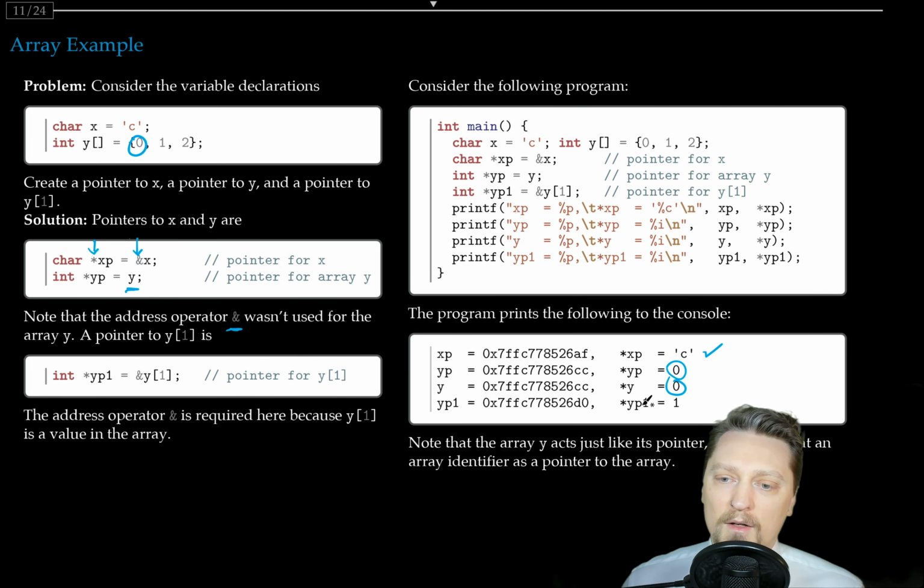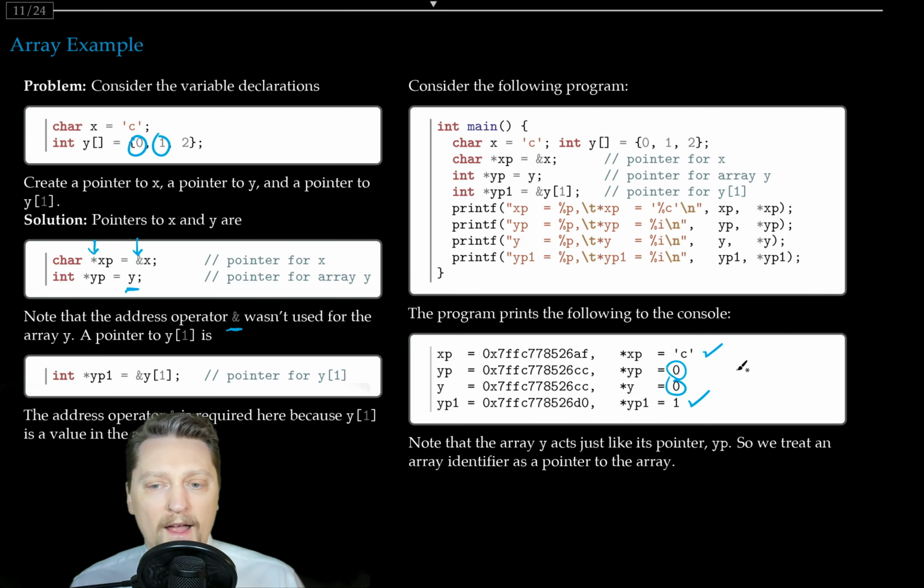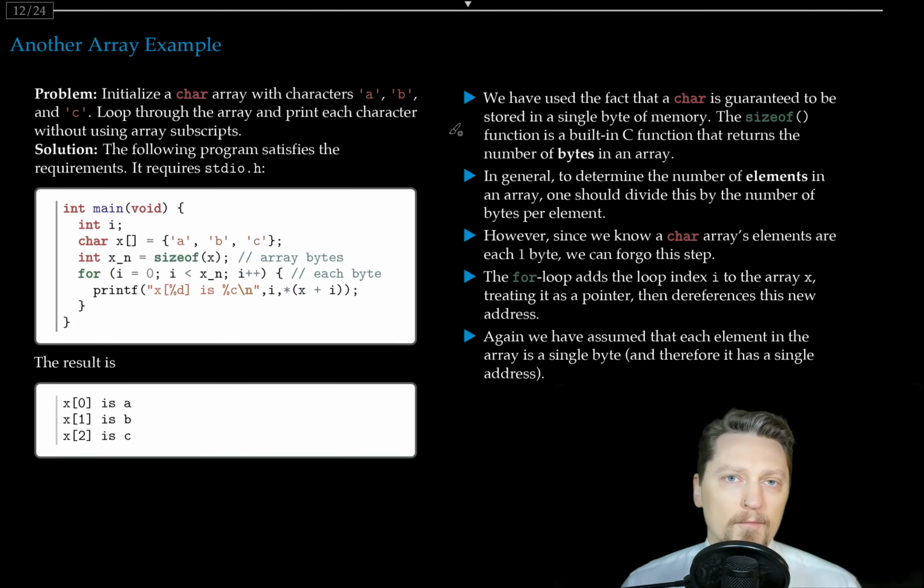And we get yp1 dereferenced equals 1, which is this one element. Note that the array y acts just like its pointer yp, so we treat an array identifier as a pointer to the array.